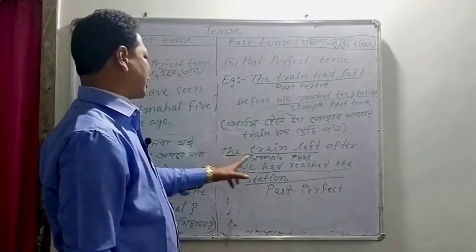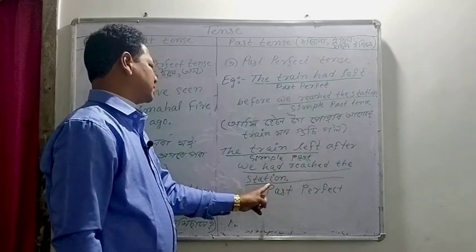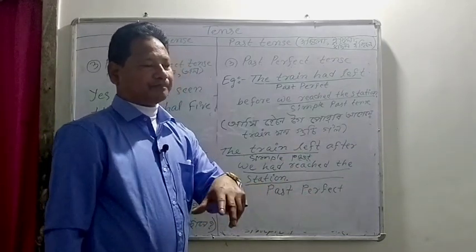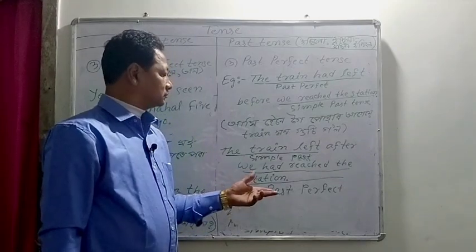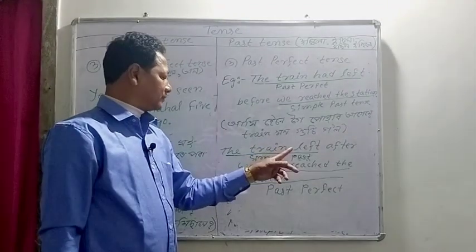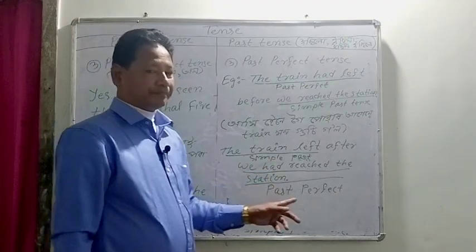Now observe here, the train left, simple past, after we had reached the station. That means reaching the station is more past than the train had gone. So the train left the station. The train left after we had reached the station.